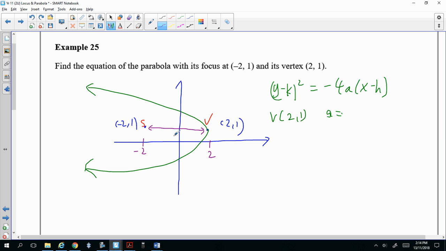Let's work out. See how easy it is? Very easy, okay? One of the easiest topics you could get in this course. So you just have to memorize a few formulas. You can get lots of easy marks. So y minus 1 squared equals -4 times 4, x minus 2, which is -16 times (x minus 2).